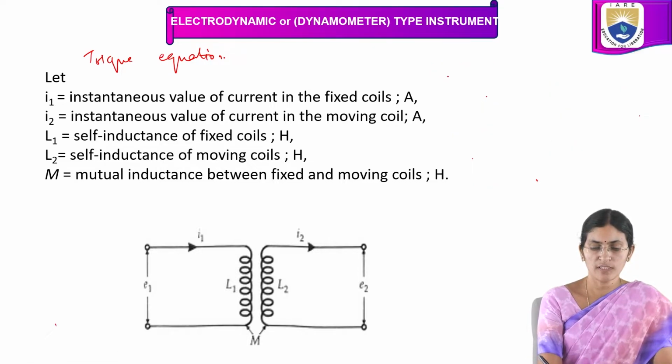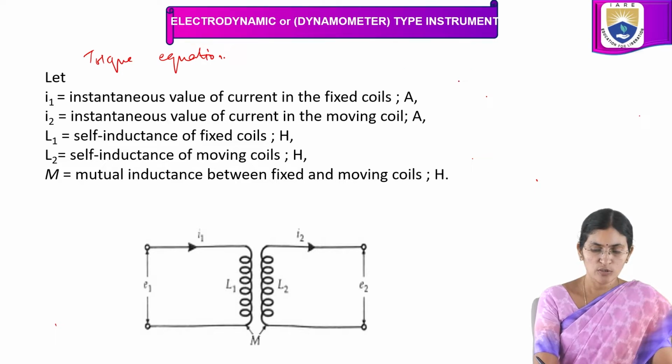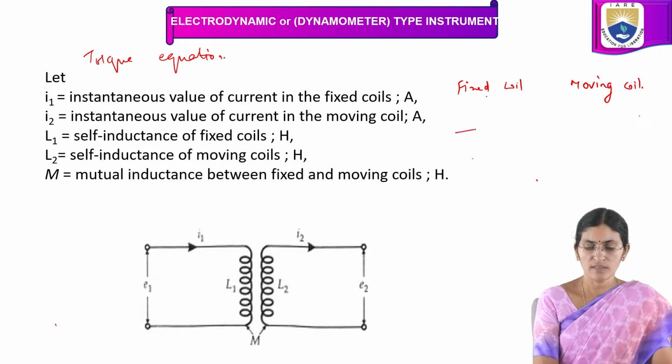According to the construction, we have seen this instrument has two coils, a fixed coil and a moving coil. The fixed coil is connected in series with the moving coil.